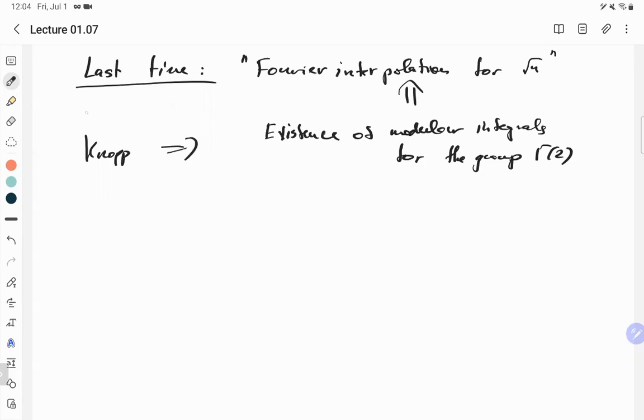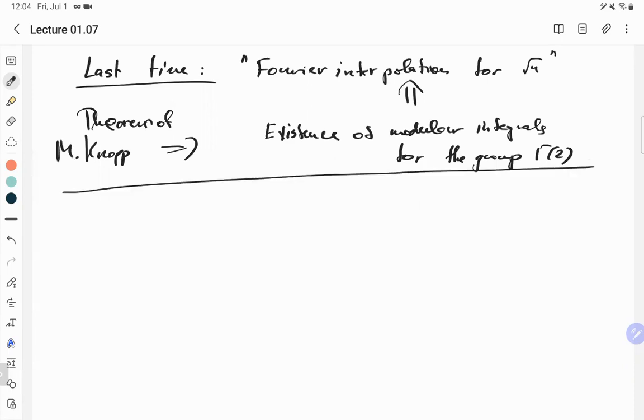So, theorem of Martin Knopp. That implied the existence of modular integrals. However, the proof that he gave is not that useful if you want to actually do something with the functions themselves. And we actually do want to do that. So there are two things that I really want to say from the actual mathematical side without any speculations.